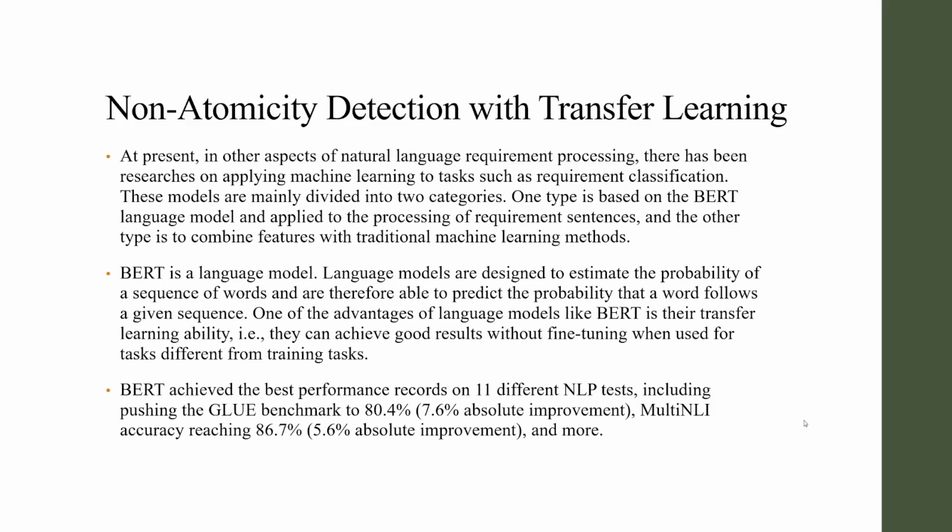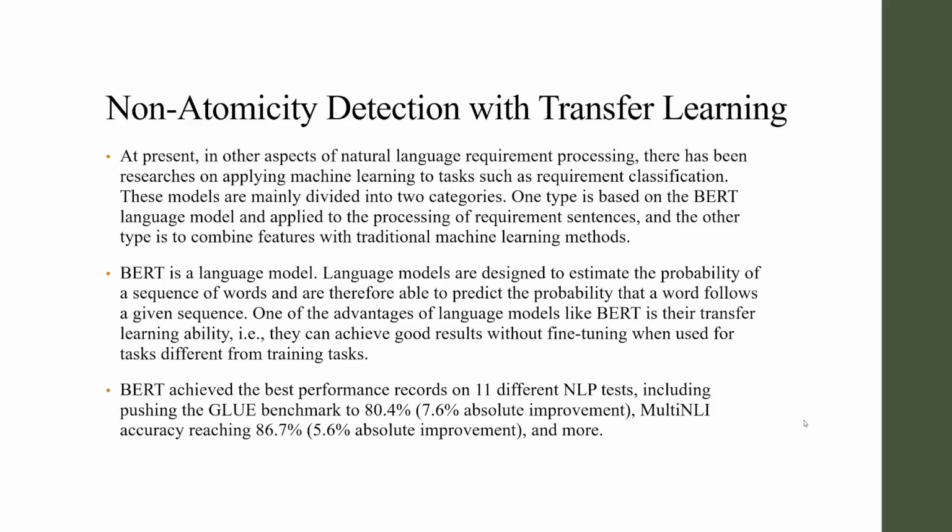At present, in other aspects of natural language requirement processing, there has been research on applying machine learning to tasks such as requirement classification. These models are mainly divided into 2 categories. One type is based on the BERT language model and applied to the processing of requirement sentences, and the other type is to combine features with traditional machine learning methods.